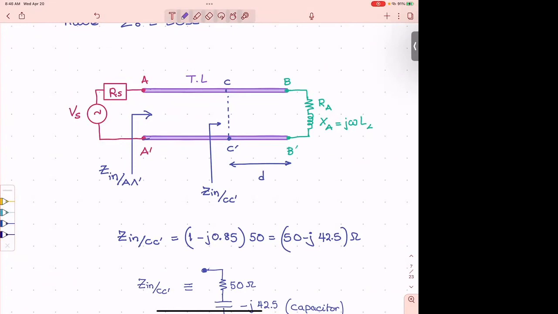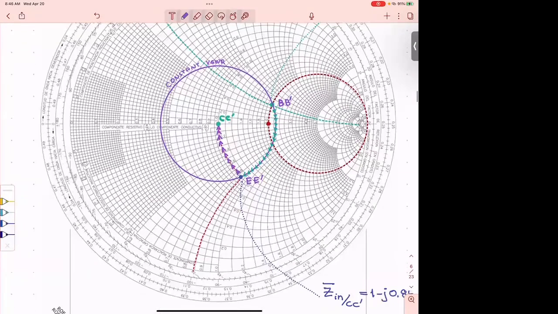The image of this is going to be equal to that. And every other point here is going to repeat here for half a wavelength. And then again, when you have another half wavelength, you start from this. So any full circle on the Smith chart gives you half a wavelength.